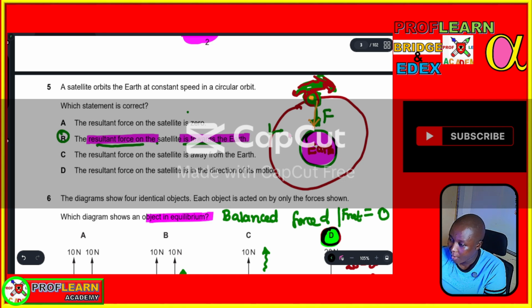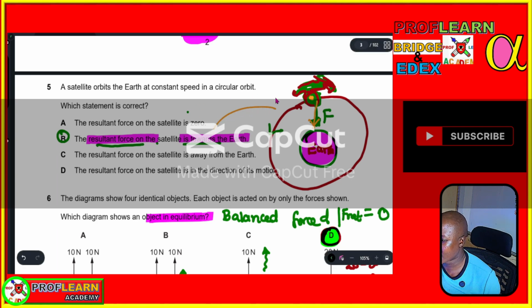Even if they ask you a question whereby a car is negotiating a corner, you are only going to say the force keeping this object on the circular path is the force directed to the center, right?